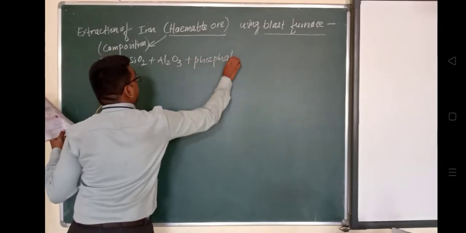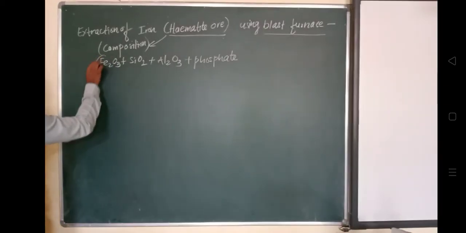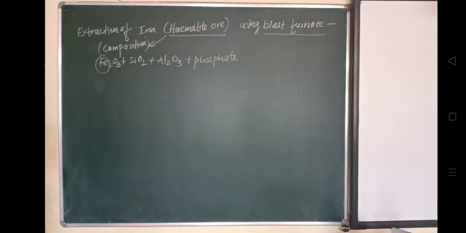But what is our aim? We want to separate this. We want the iron from its hematite ore. So these are the compositions of the hematite ore.